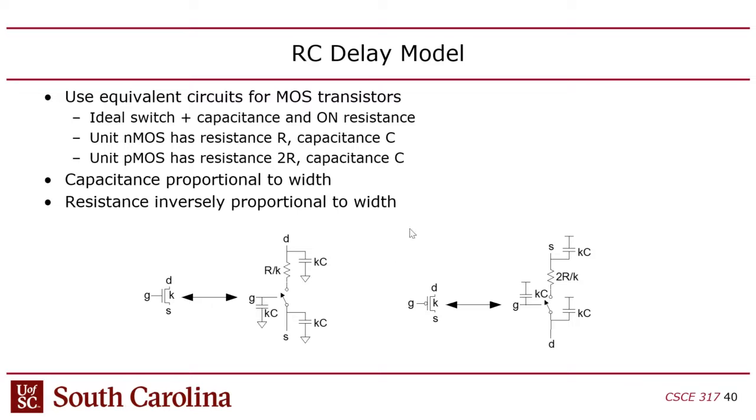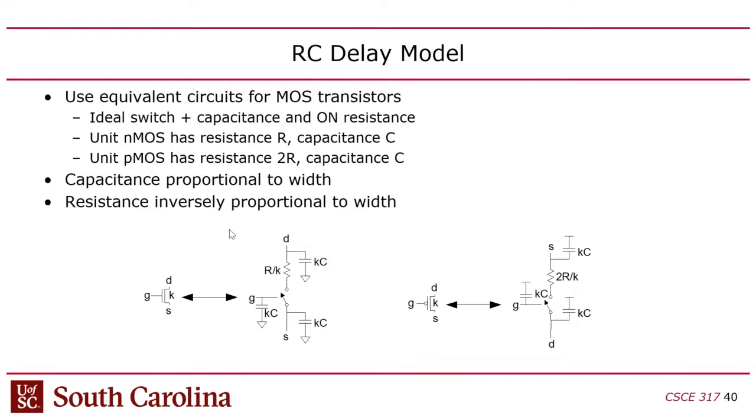Okay, so there's this value K. Each transistor has a size, K, and K is the width, but in units of the length usually. So for example, if K is 1, that means your width would be twice your length. If K is 2, that means your width is 4 times your length.